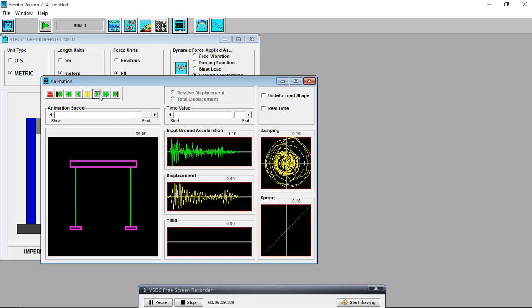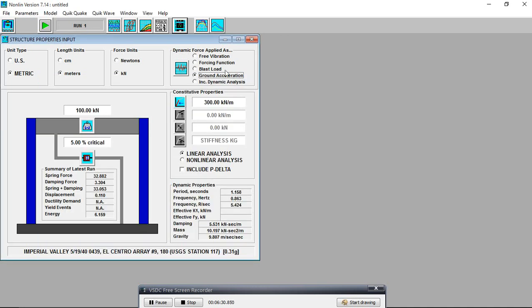Better watch them once. See, then the structure stops vibrating because the ground acceleration time is finished. This is the simple way.